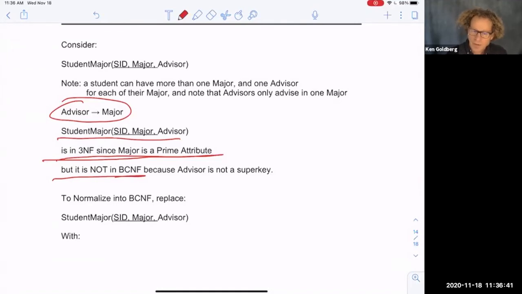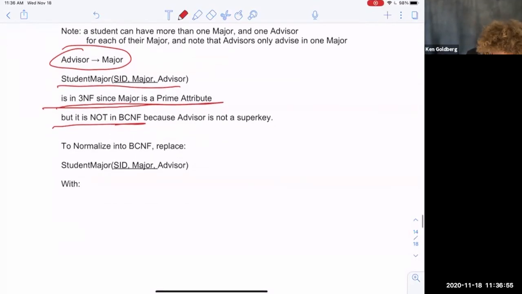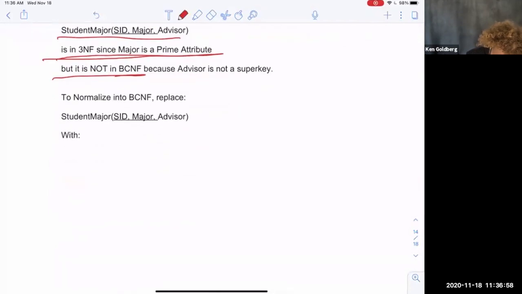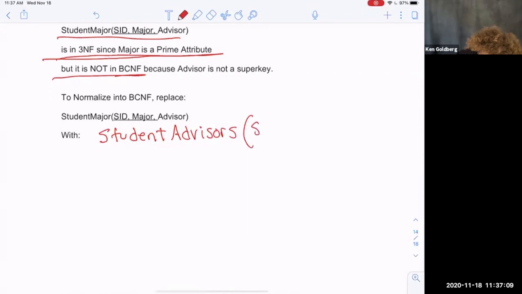All right, so we have to do the same thing. What we're going to do is something very similar, where we're going to create student advisors: student ID, major, like that.